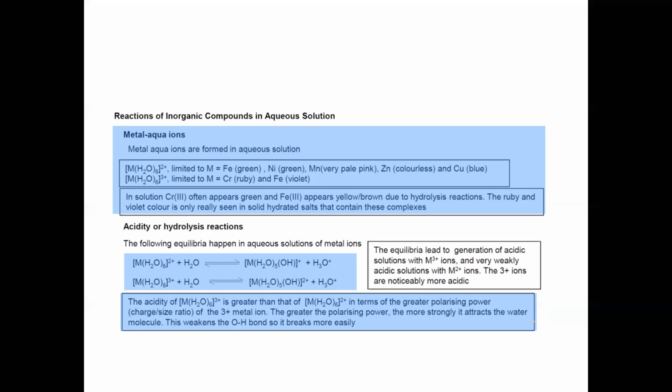This metal aqua ion is also hydrolyzed by water, and it will lose its proton, either one proton or two protons. But the overall charge remains, because it remains as an ion, so the charge will be on the complex. It will not form a precipitate because there is a charge on the complex.